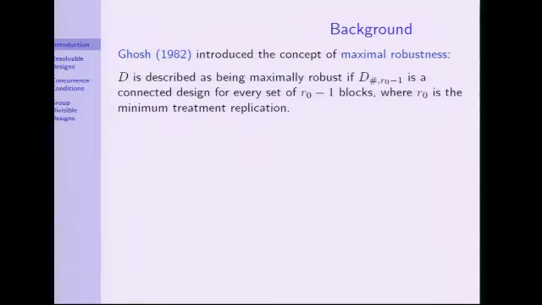Here R0 is my minimal treatment replication. He went on to show that balanced incomplete block designs, as you would expect, have the nice property of being maximally robust, so you can lose any R minus 1 blocks from a balanced incomplete block design and you still end up with a connected design.